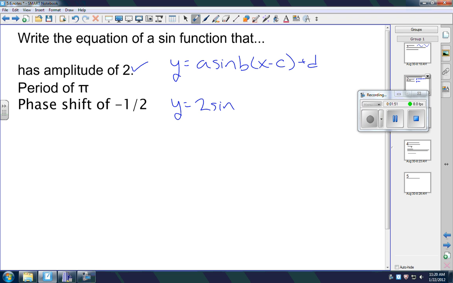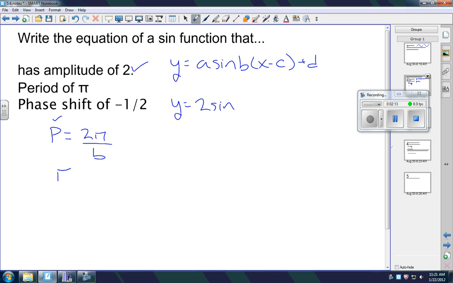They tell you the period is pi. Okay, and this is where it gets a little bit goofy. Anytime you're dealing with one of these period questions, we got to come back to this equation right here. Instead of being given a b value and you guys have to go find the period, I'm instead giving you the period, we got to go find the b value.